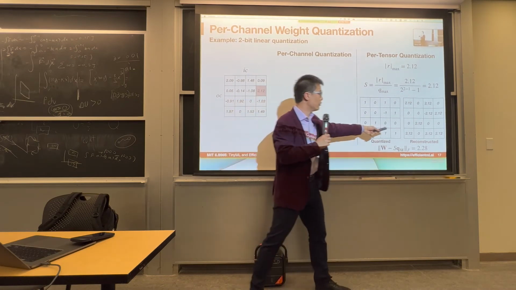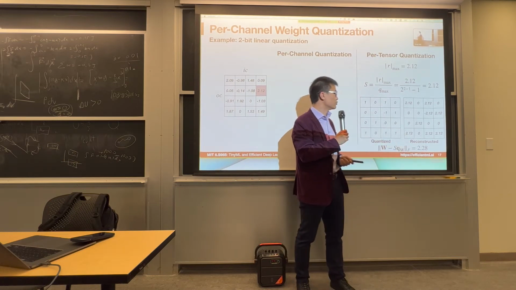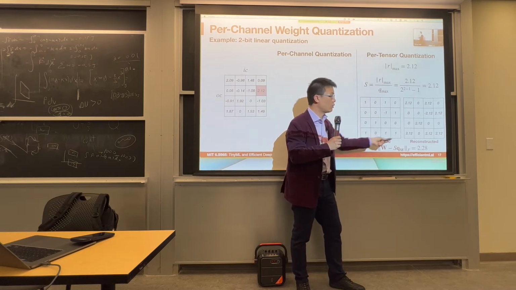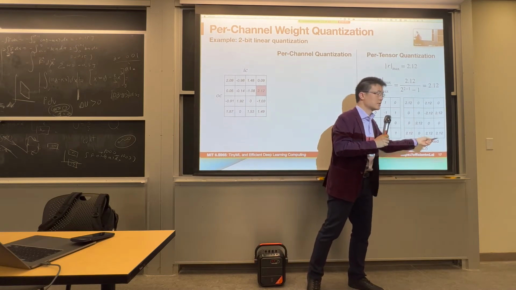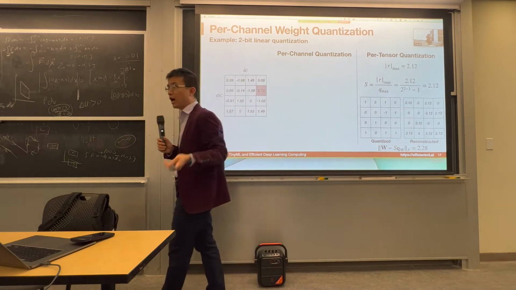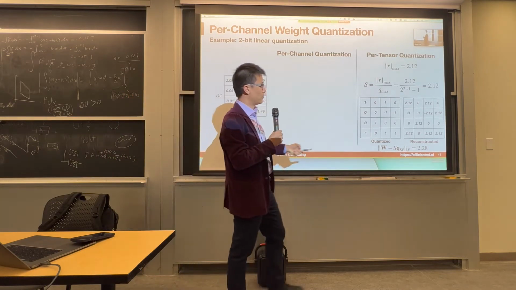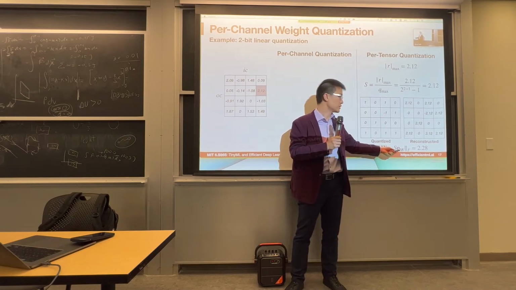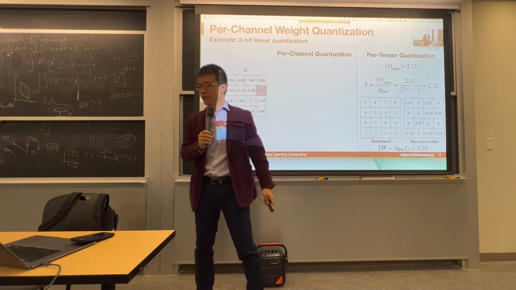Therefore, it is quantized to 0. And then we can reconstruct the weight matrix by multiplying this quantized weight with the scaling factor. If we calculate how much difference there is between the original weight matrix and the reconstructed weight matrix, it's actually 2.28.